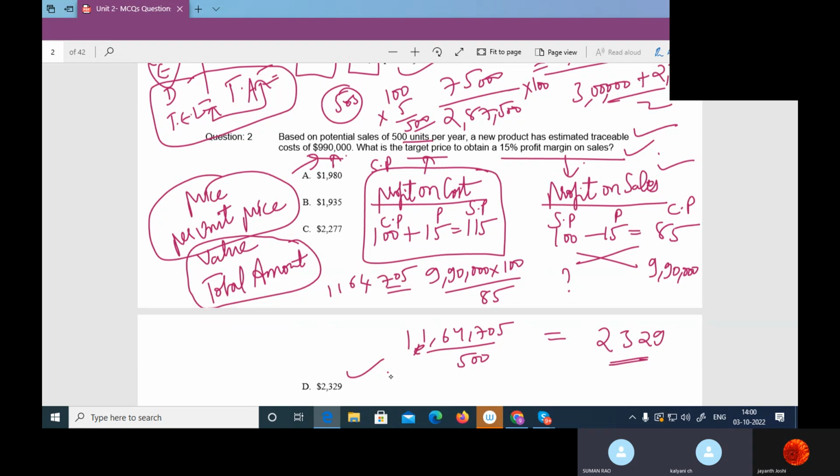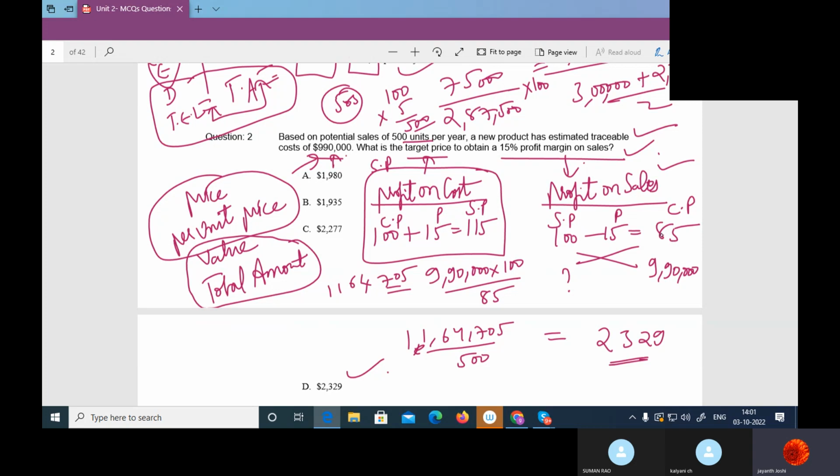Yes, sir. This 15%, that was our percentage, right? Yes, this is the profit. This is the concept. If profit on cost is given, this is the way. If profit on sales is given, this is the way. Here the selling price, are we assuming that it is 100? Yes, 100. For this cost price, this is the selling price. So for this total cost, what will be the selling price?